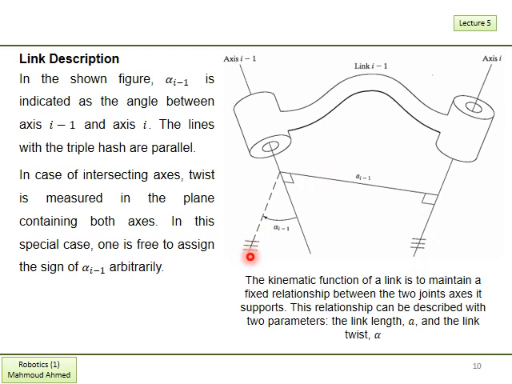In some cases, such lines, the line of axis i minus 1 and axis i, can be represented with intersecting axes. In this case, it is free to assign the sign of the angle alpha i minus 1, either in this direction or in the opposite direction.